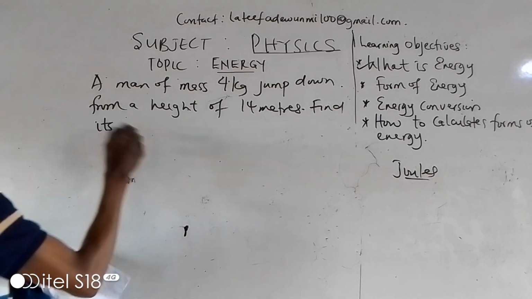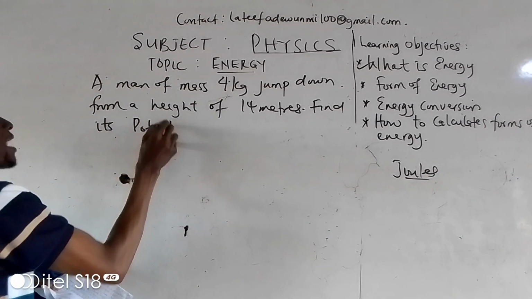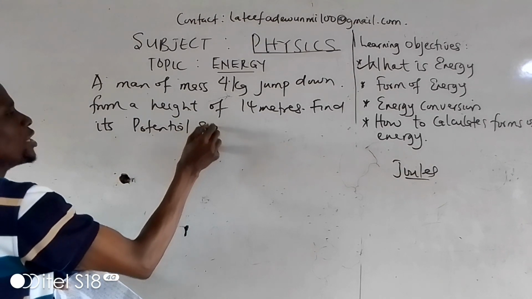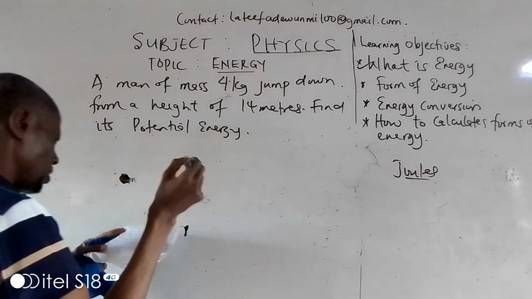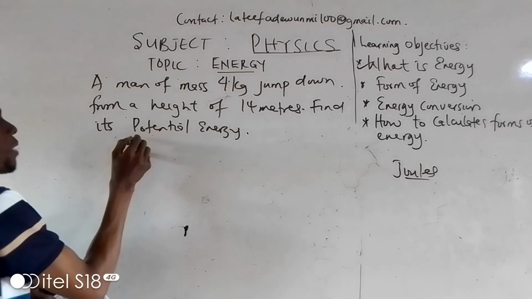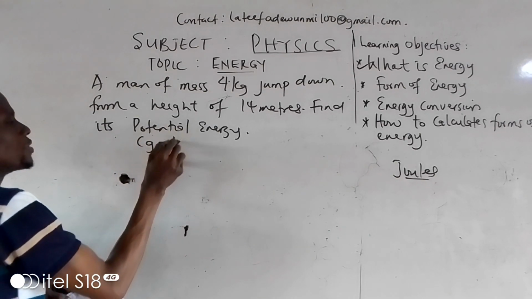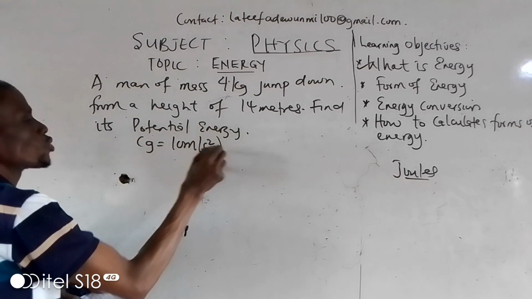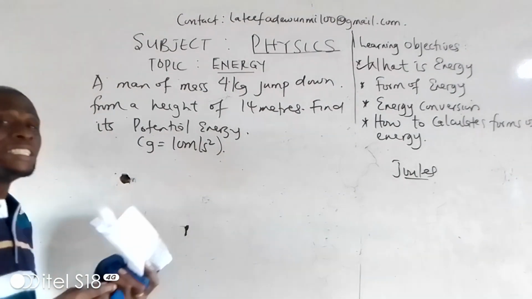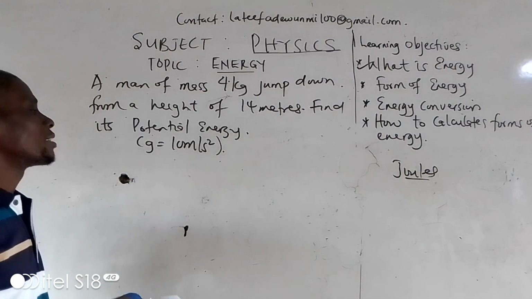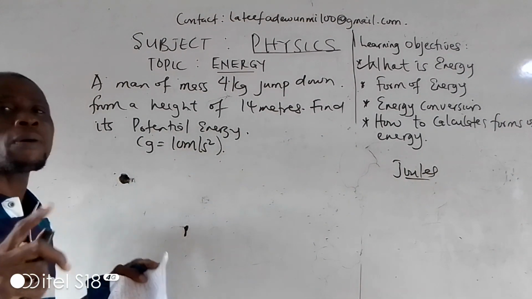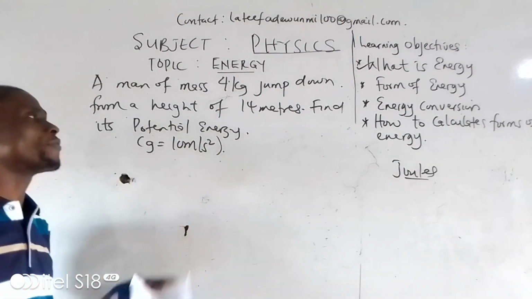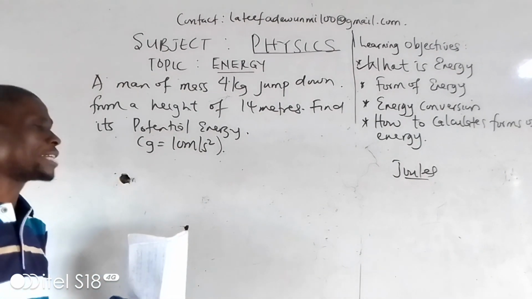Find its potential energy. Given that our acceleration due to gravity is 10 meters per second square, although it varies, but in this case, we want to use 10 meters per second square as our acceleration due to gravity.